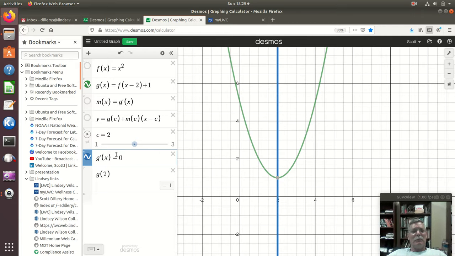But there we go. I started with this function. If I can tell you where that instantaneous rate of change, or what we call the derivative, is 0, I can tell you good candidate places for minimums on curves or maximums on curves.